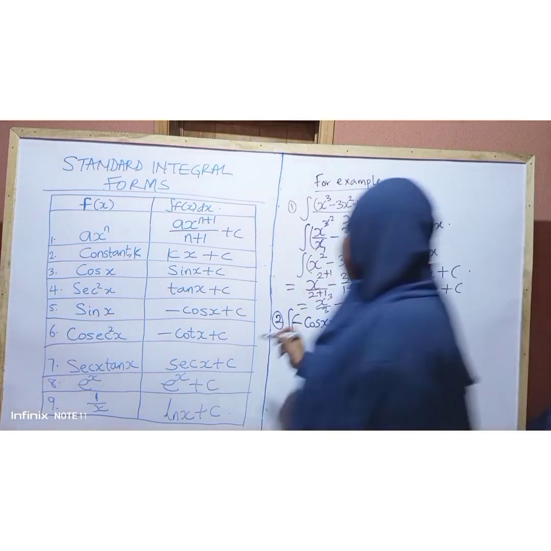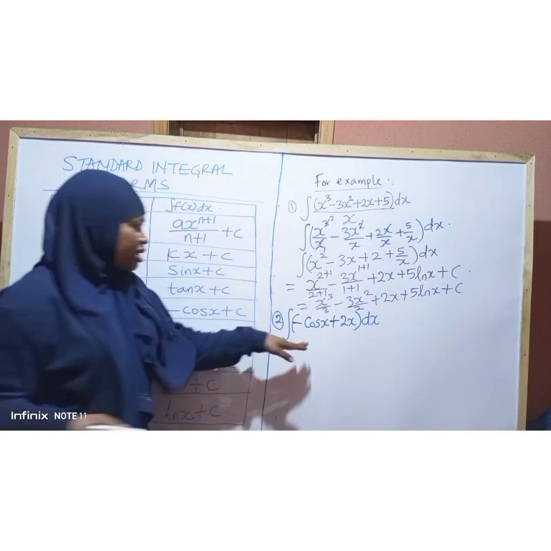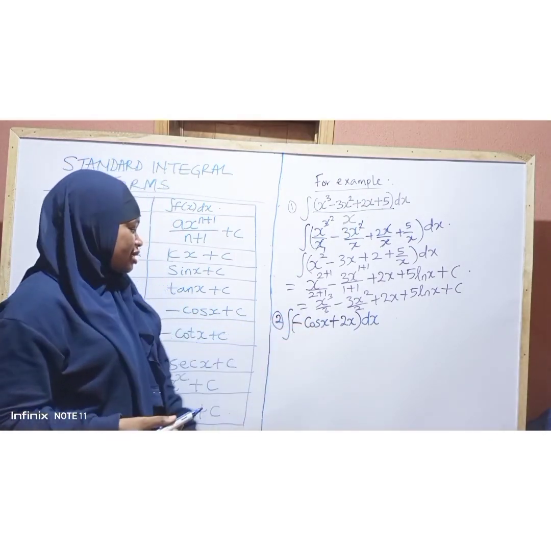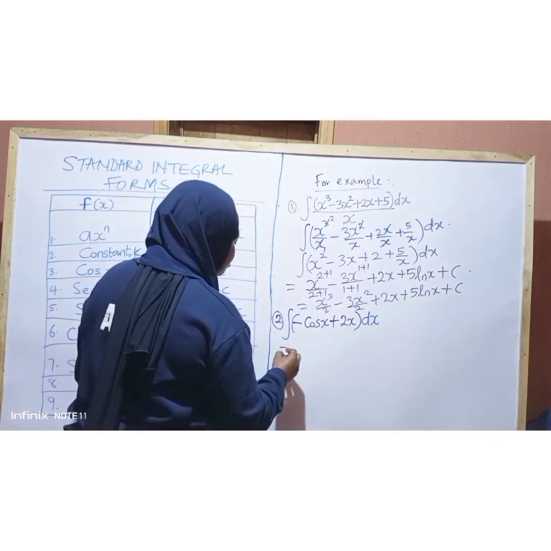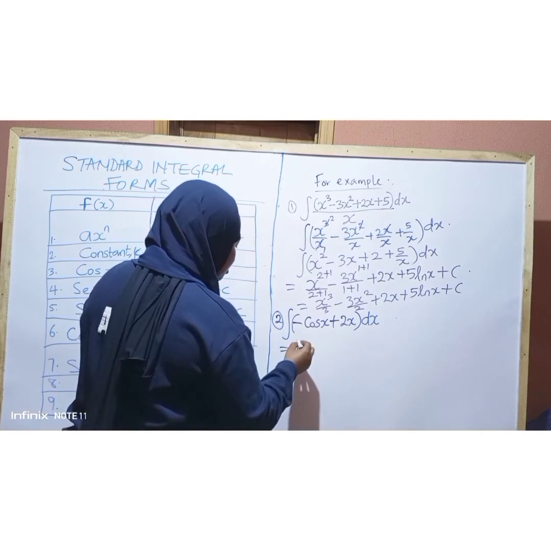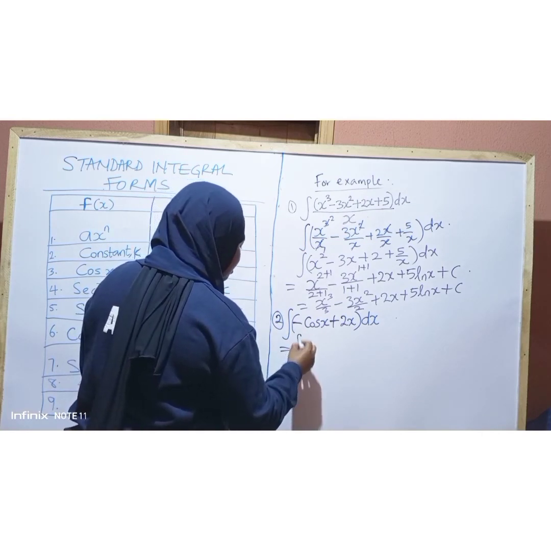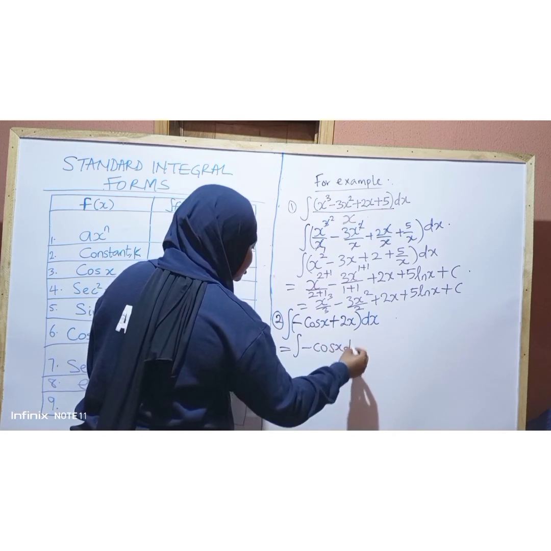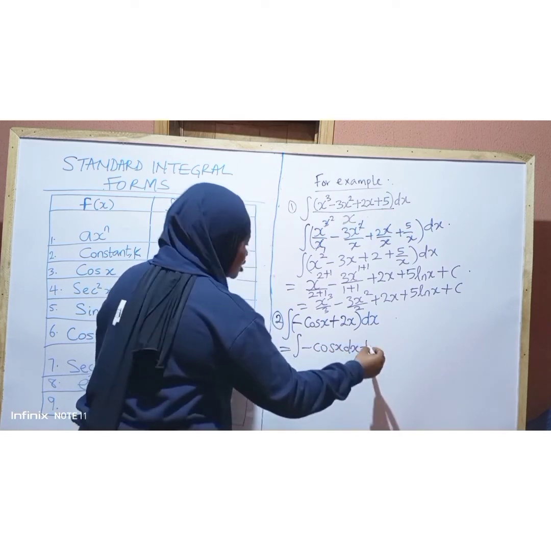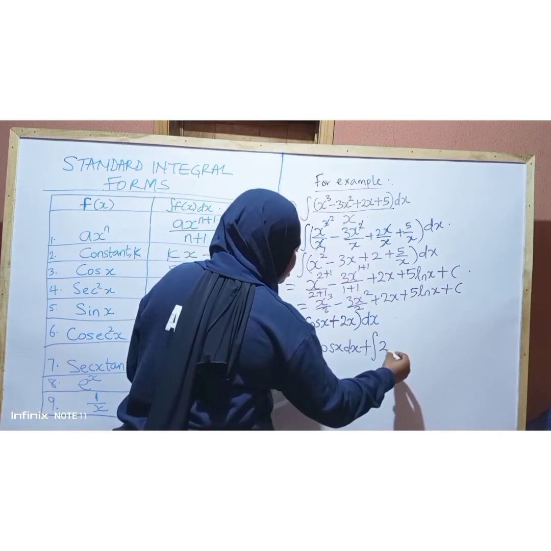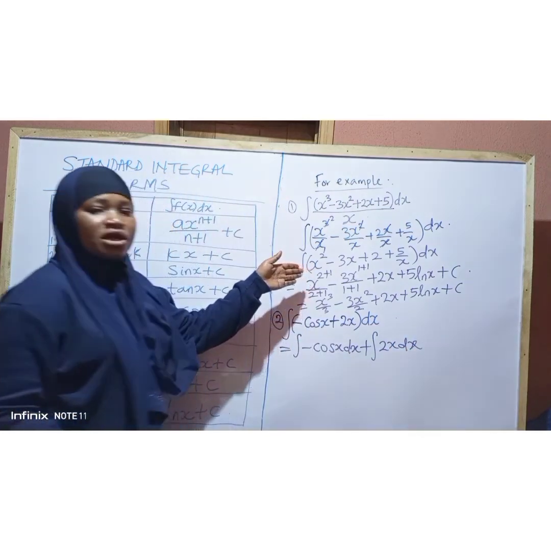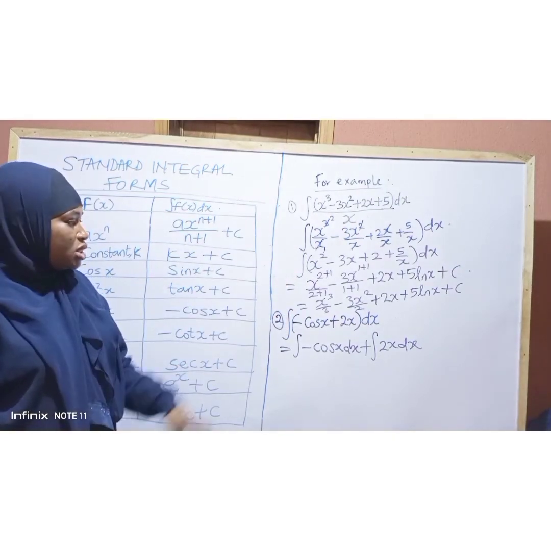Now, back to number 2. The integral of minus 4x minus cos x plus 2x dx. So let me do it this way. I can say that this is the integral of minus cos x dx, then plus the integral of 2x dx. I can apply it to the first example as well.